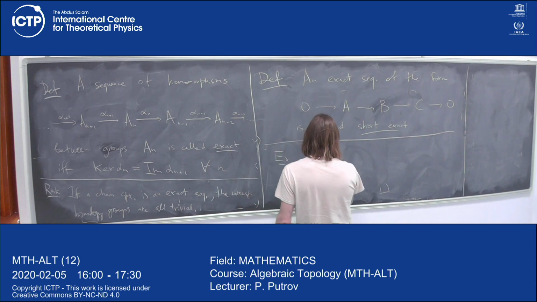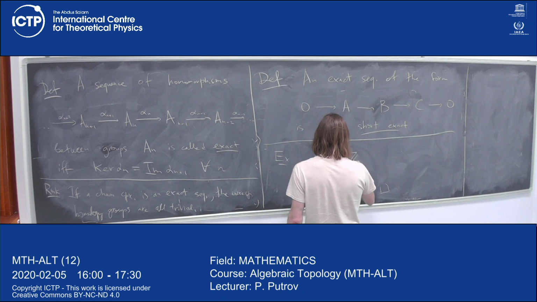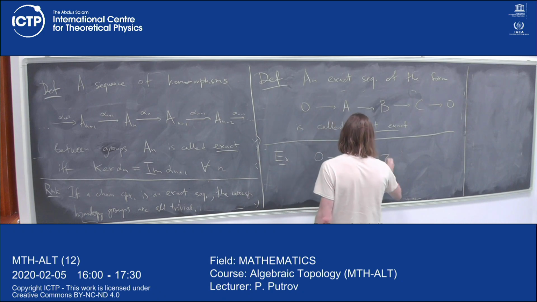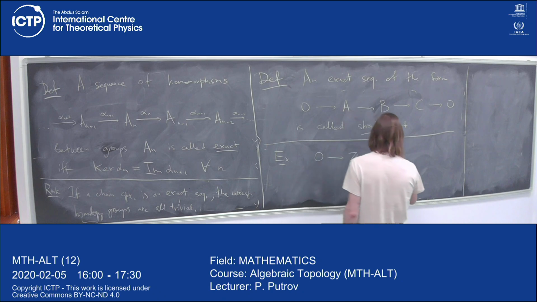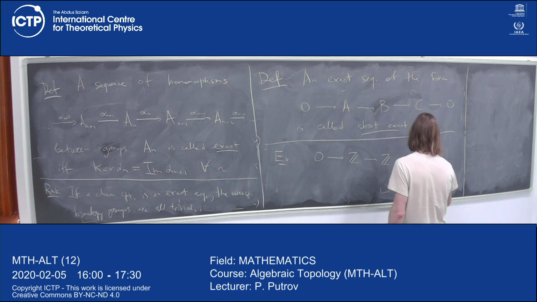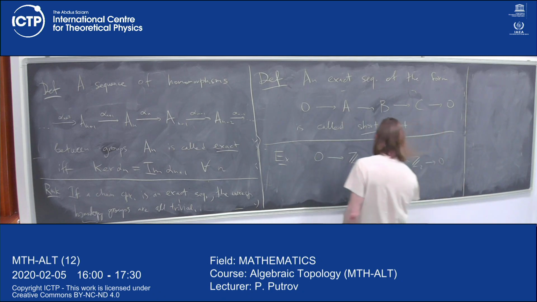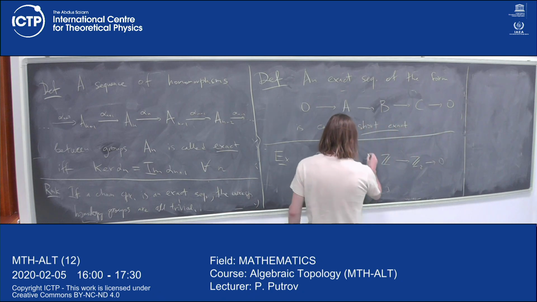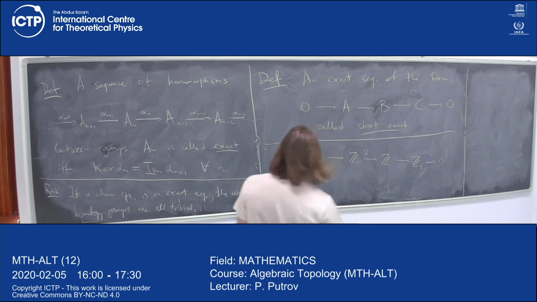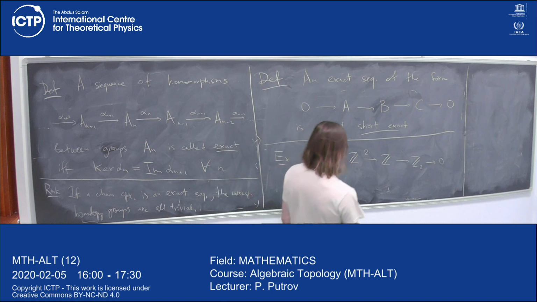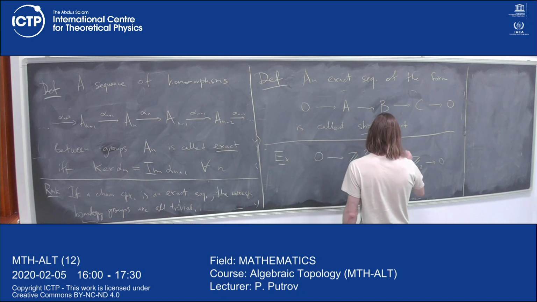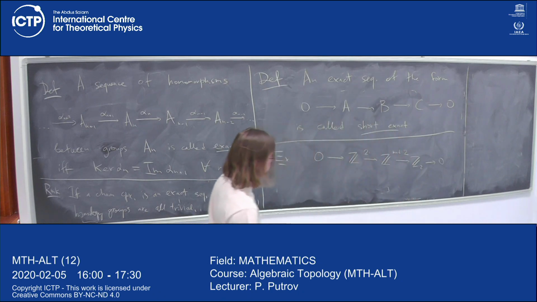We take 0, Z, Z, Z2. The first homomorphism will be multiplication by 2, and the second homomorphism will be taking the number modulo 2.